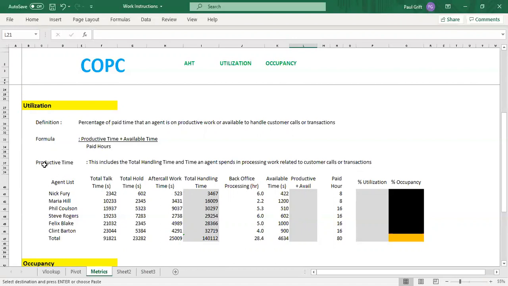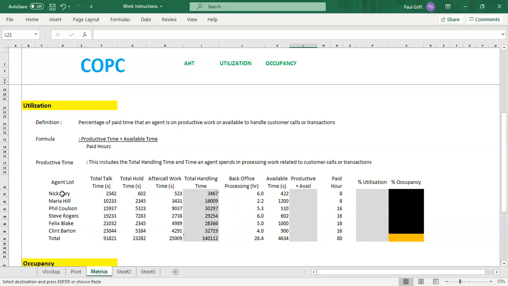So this productive time includes both the handling time and the productive, shall we say, aux or pause, which is sometimes used for further processing of customer transactions or some processes related to the previous call. All right, so let's compute for it.